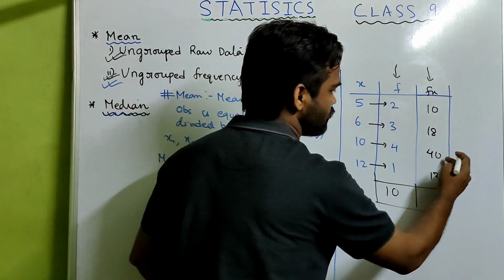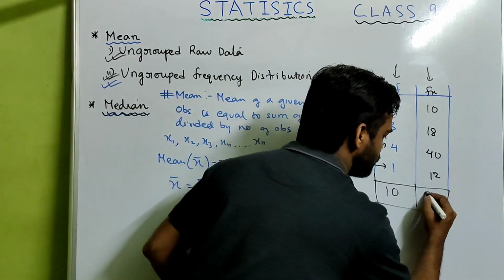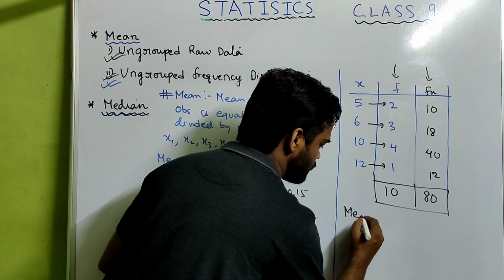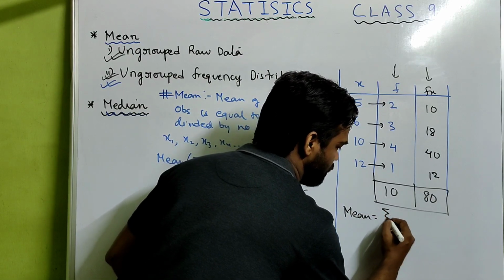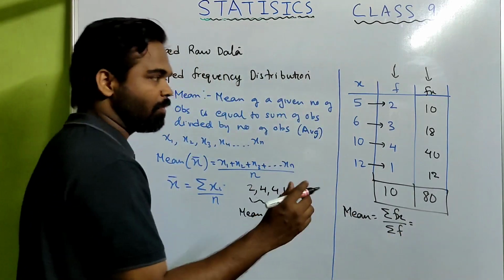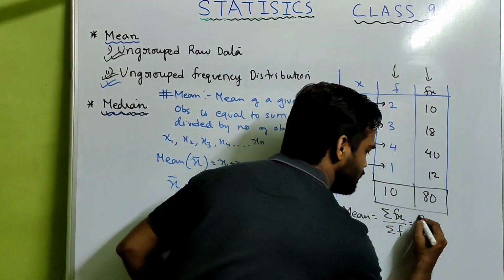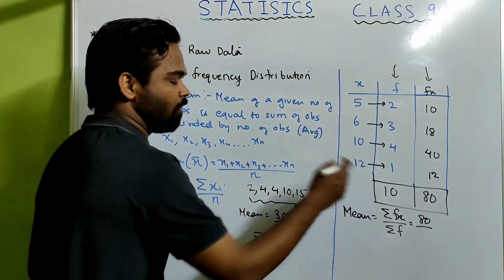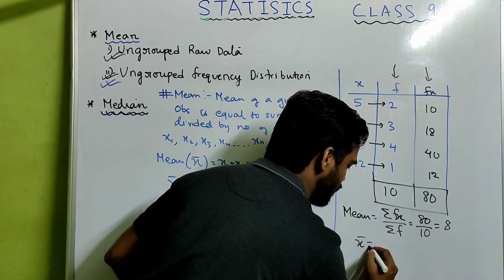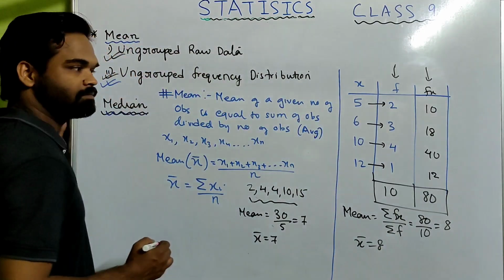And for fx it is 40, 50, 60, 70, 80. Isn't it? Then mean is given as sigma fx by sigma f, which means sum of fx, which is 80 in this case, by sum of all the frequencies, which is 10. So mean in this scenario will be 8.